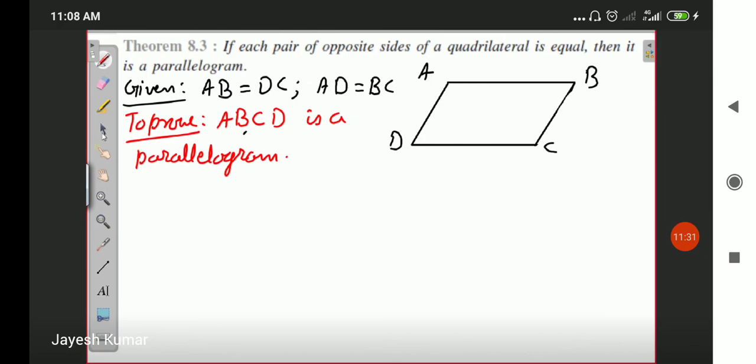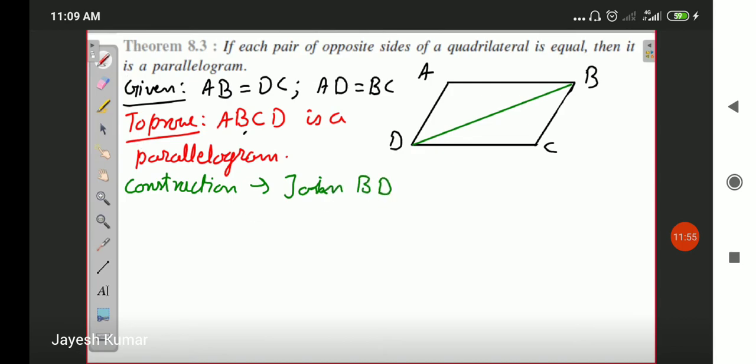In order to prove that ABCD is a parallelogram, we need to draw a simple construction. Once again, there will be lots of constructions. Construction is again join one of the diagonals, join BD.